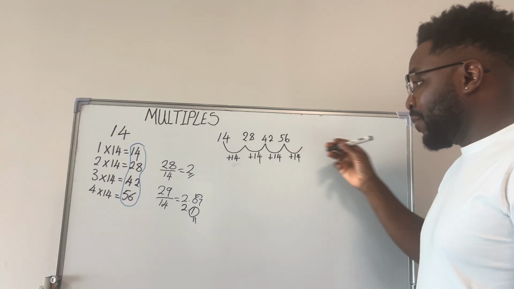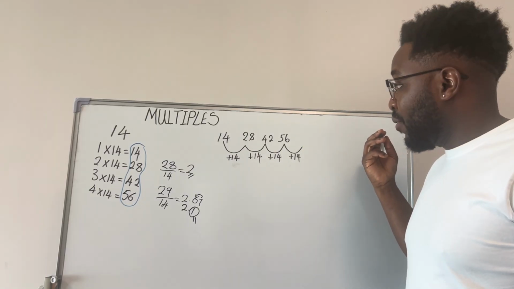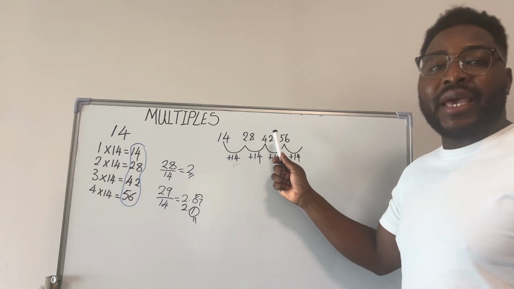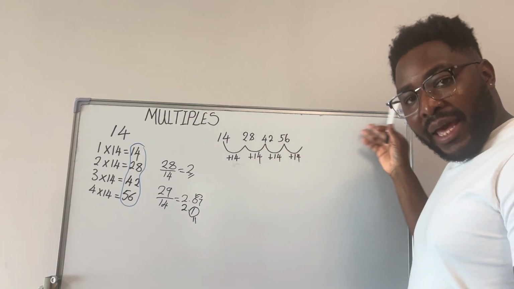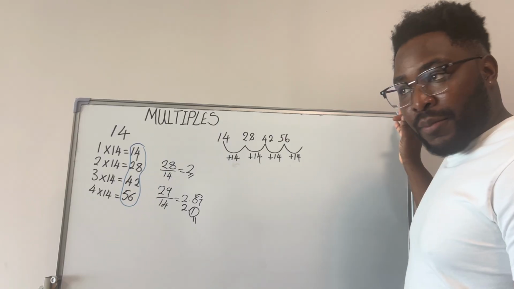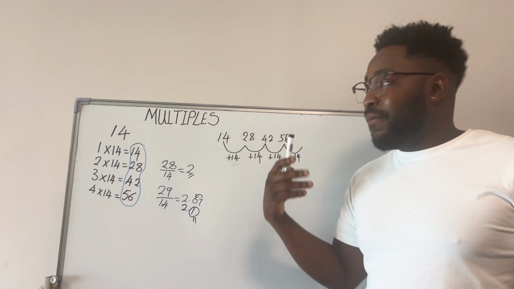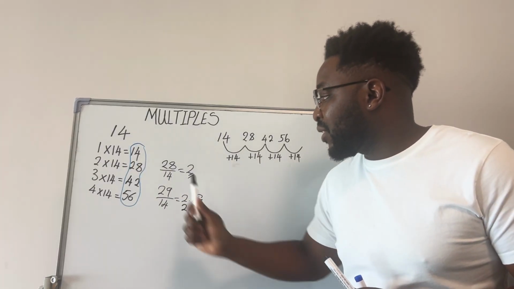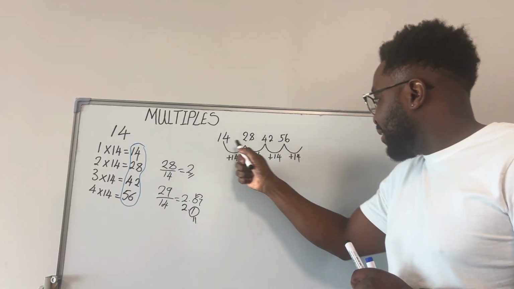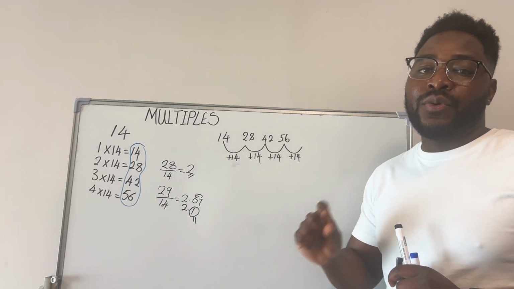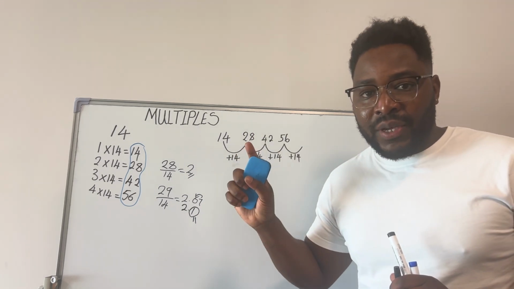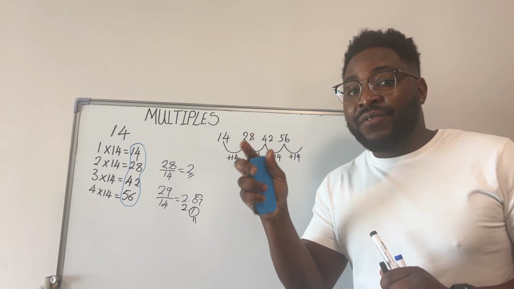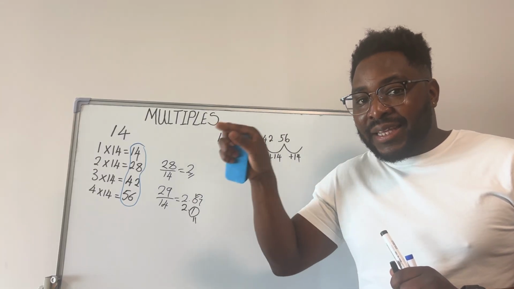The numbers keep going on. So in our case, the multiples of 14 are 14, 28, 42, 56, and going on. We just found the first four multiples of 14. Do not forget, multiples of a certain number will be divisible by the same number.